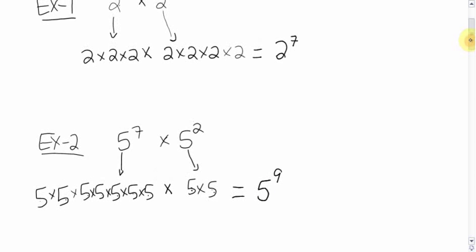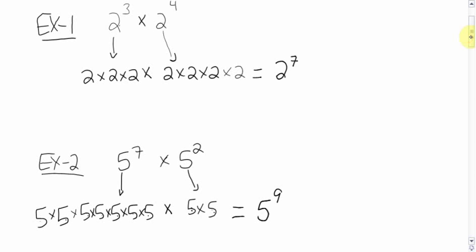Do you see an even shorter cut to the shortcut? Do I have to actually write out all these 5's and all these 2's? Do you see something in the question that lets you go directly from this question here to that answer right there?